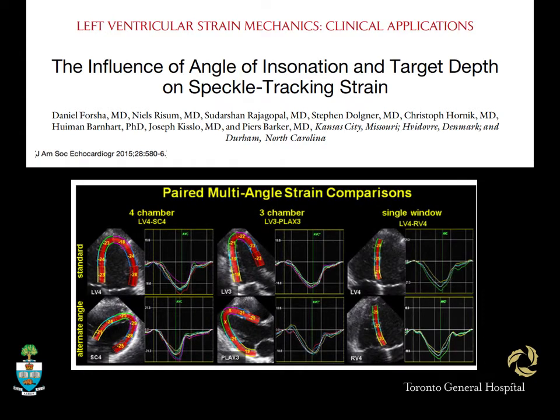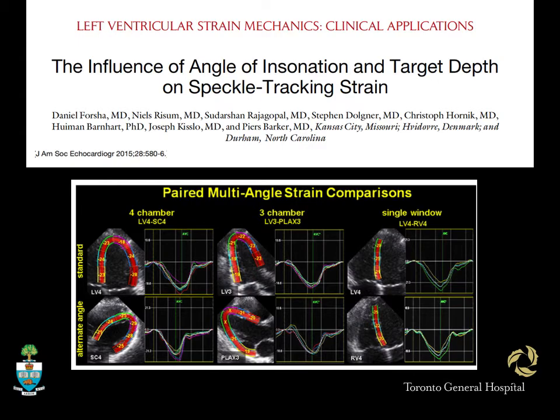But that's also been demonstrated for left ventricular strain not to be entirely true. This is a transthoracic study where they look at the same heart, tilting the probe slightly. You see, here the left ventricle is vertical, here it is sideways, and whether it's vertical or sideways, the numbers are a little different.